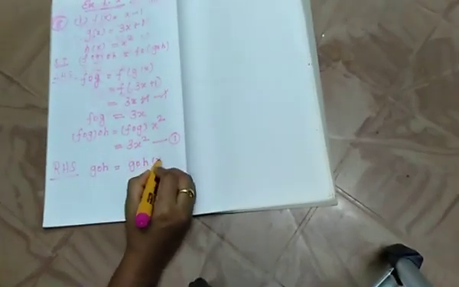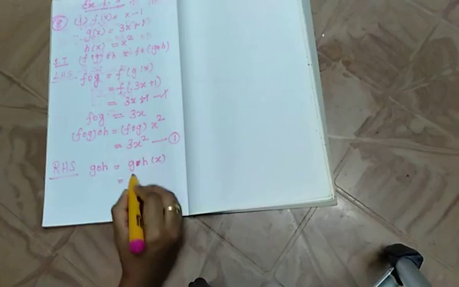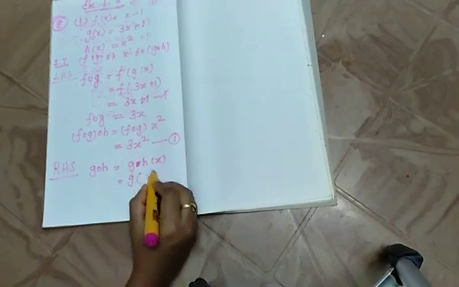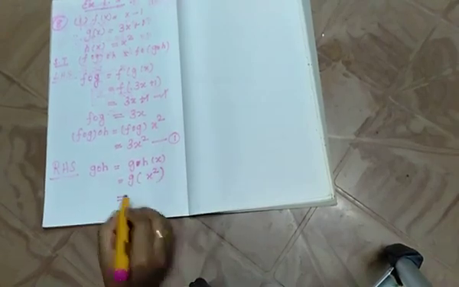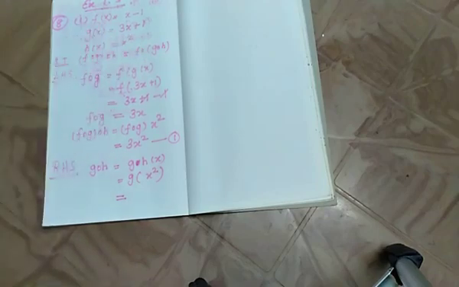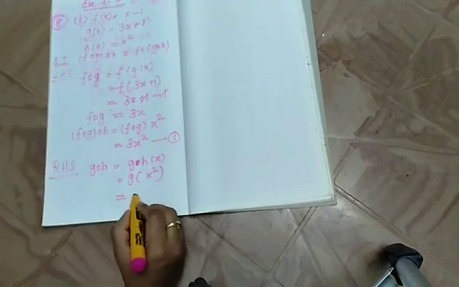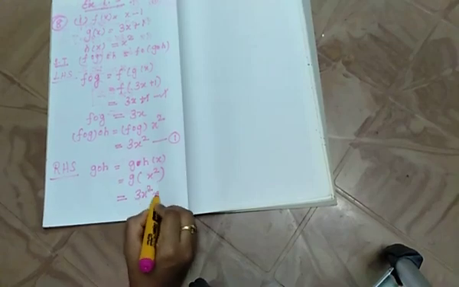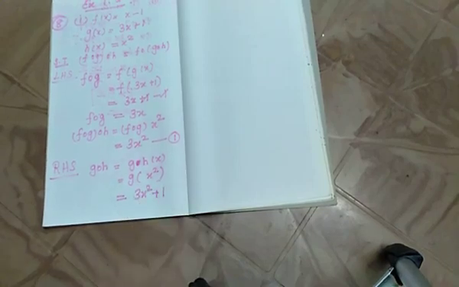Now let's find out the right hand side also. Check whether we were getting it equal. What is the bracket term there? G of h, which is equal to g of h of x, isn't that? So g of, what is h of x? x square. So g of x is 3x plus 1, isn't that? So g of x square means 3x square plus 1.